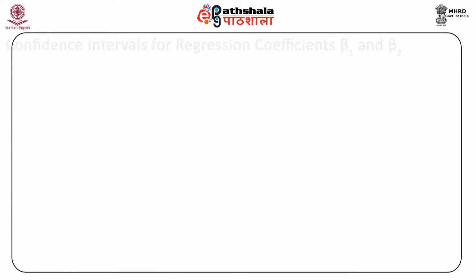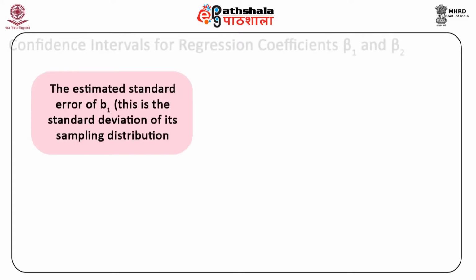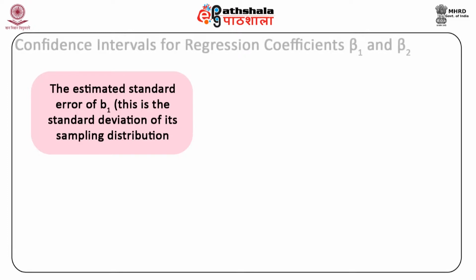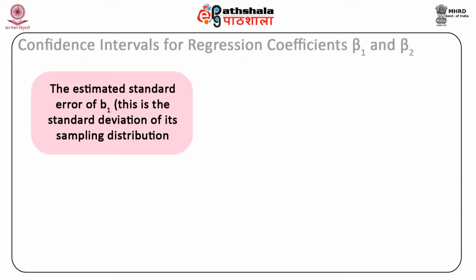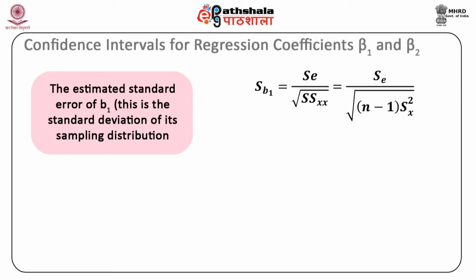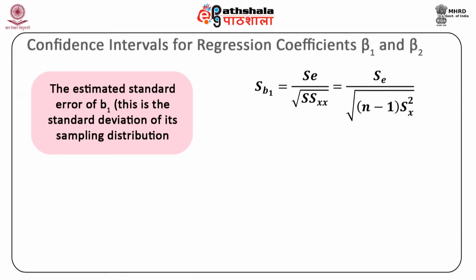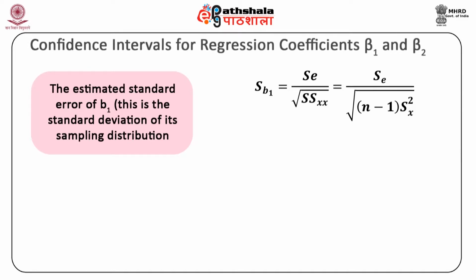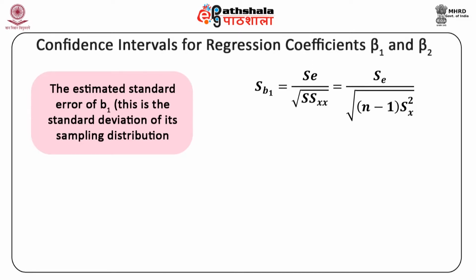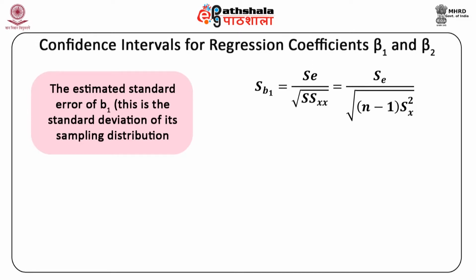We now obtain the standard error of b1, which is estimated. This is the standard deviation of its sampling distribution. We can write this as S b1 equal to the standard error SE divided by the square root of SSXX, which is equal to SE upon the square root of n minus 1 times SX square.